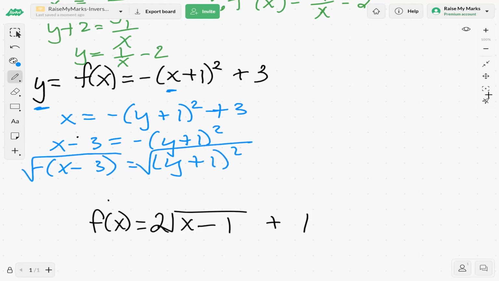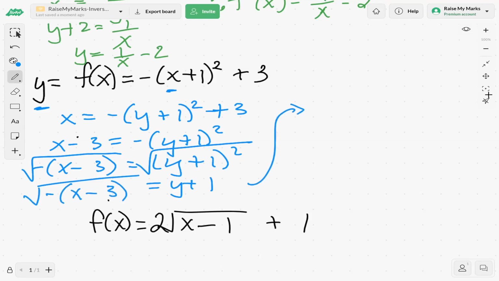That's the square root. Good. So now we have y plus 1 on the right-hand side and the square root of negative x minus 3. Okay, and now we're going to solve for y. So we're going to bring the negative 1 over to the left-hand side. And we have the square root of negative, x minus 3, all that minus 1 equals y.